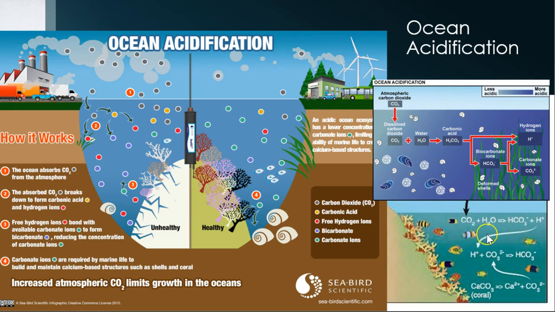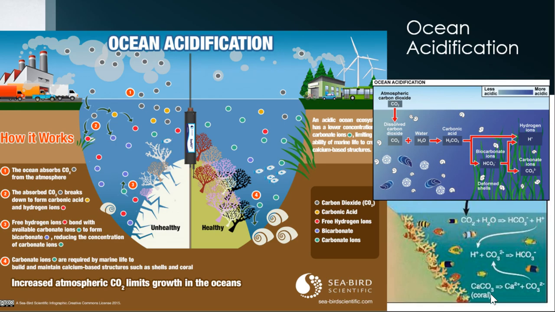Those hydrogens that are formed when the carbonic acid is formed, these sort of like loose hydrogens, they will bond with the carbonate. So instead of animals being able to take in the carbonate, right, it forms bicarbonate. And this is not helpful, okay? And so there's not enough carbonate for the calcium carbonate formation in things like coral or mussels, and you get deformations, right, in those calcium carbonate structures.